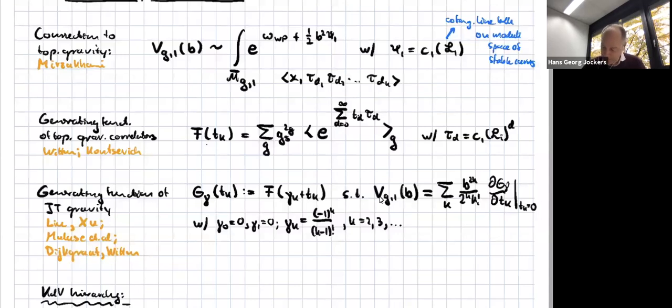Thank you for pointing this out. This is not quite correct what I said. You have to pick the coefficient also at genus G. So this already comprises a full series of contributions at all genera.